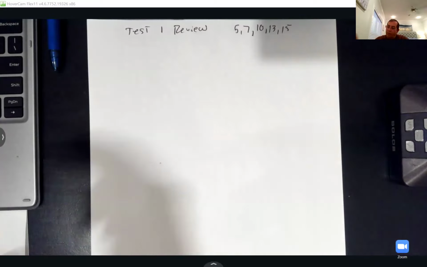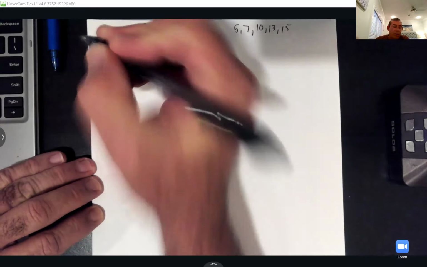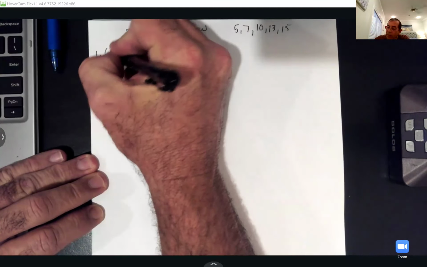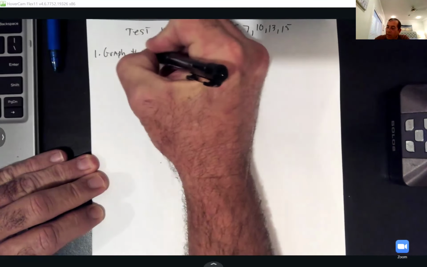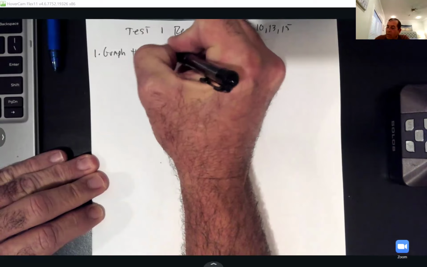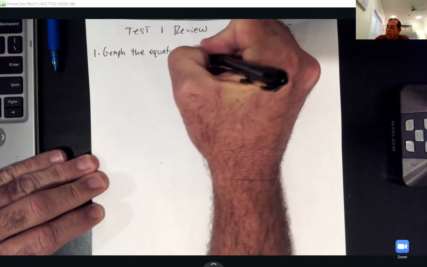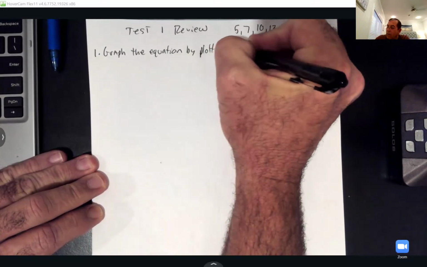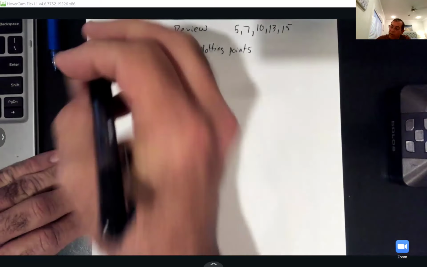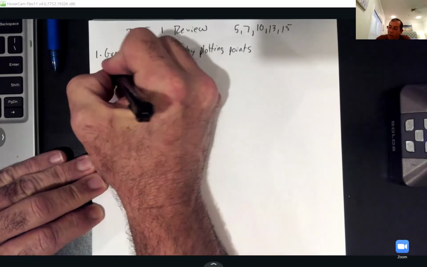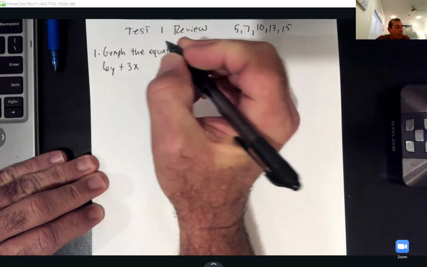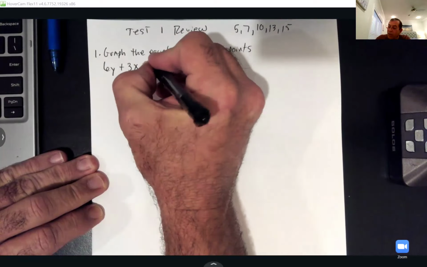All right, so on this review, number 1, graph the equation by plotting points. The equation they're giving me, 6y plus 3x equals -3.